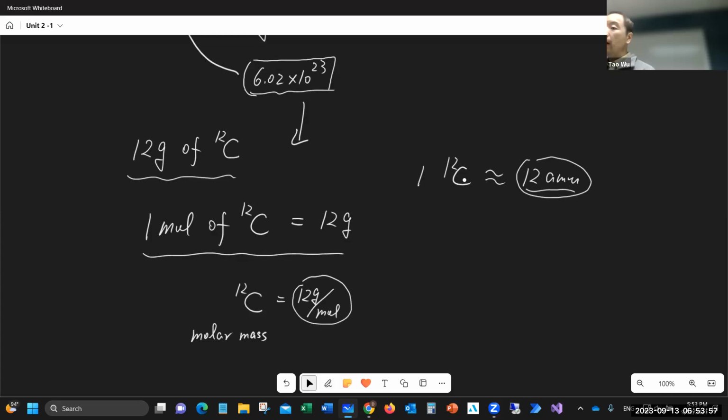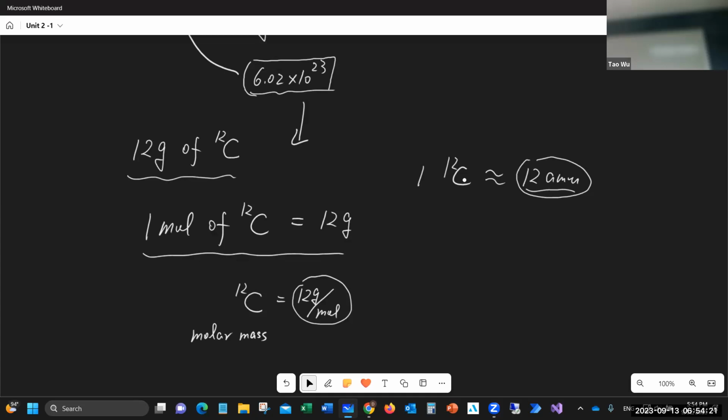If you look at all the red numbers underneath, this is the average atomic mass for the elements. Now you can just add grams per mole to this number, and then you get the molar mass of those elements. That's going to be super cool.